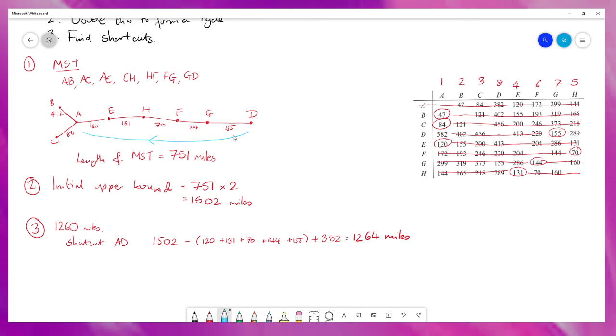If we look, we're now also repeating B to C a lot. So if we go straight from B to C, instead of going back through A, that's another shortcut. So we've got 1,264 minus the repeated length of B to C, plus the length of B to C, which is 121.